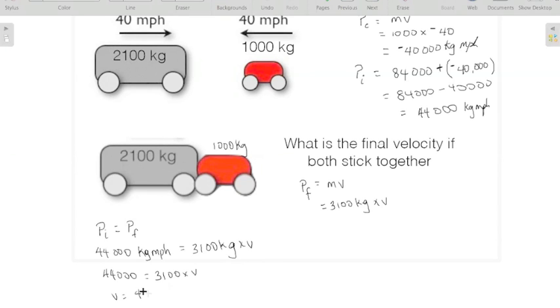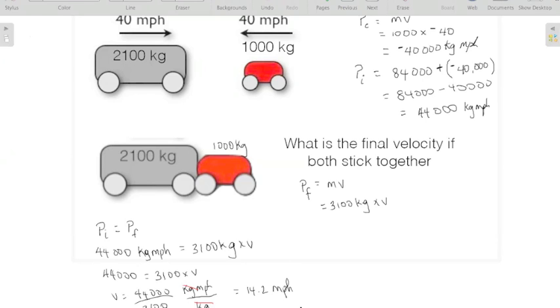So now V is 44,000 divided by 3,100. Let's include the units here. So this is kilogram miles per hour divided by kilograms. This would give you 14.2, and then to get the units, this cancels that, and so the unit is miles per hour.